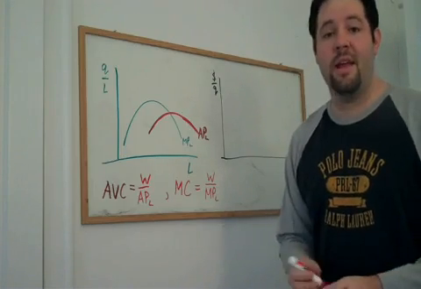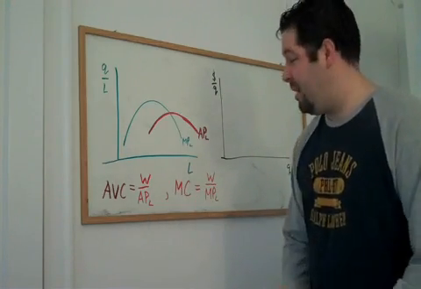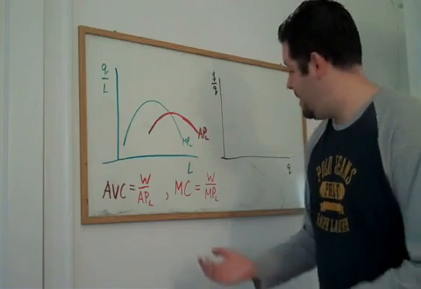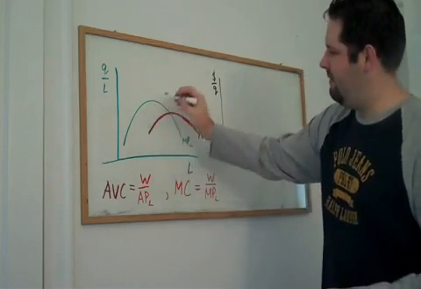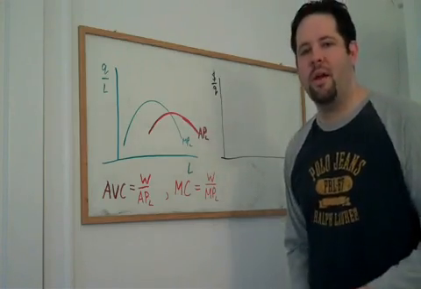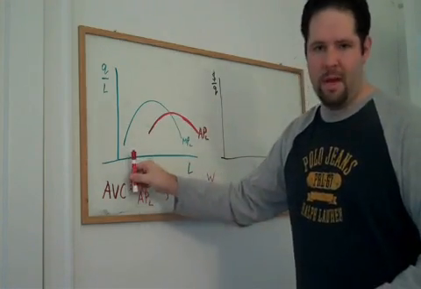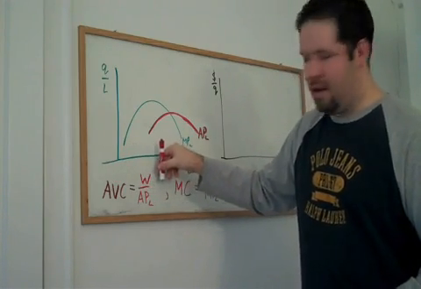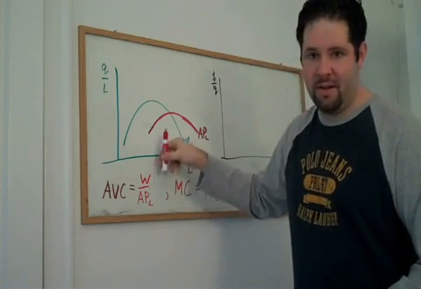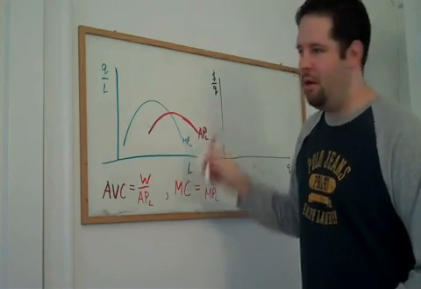So let's think about what these equations imply for the shape of average variable cost and marginal cost. Notice that both average product and marginal product are inverted U-shaped. Another way of looking at the inverted U-shape is that for low amounts of labor, marginal product is low. For intermediate amounts of labor, marginal product is high. And for high amounts of labor, marginal product is low.